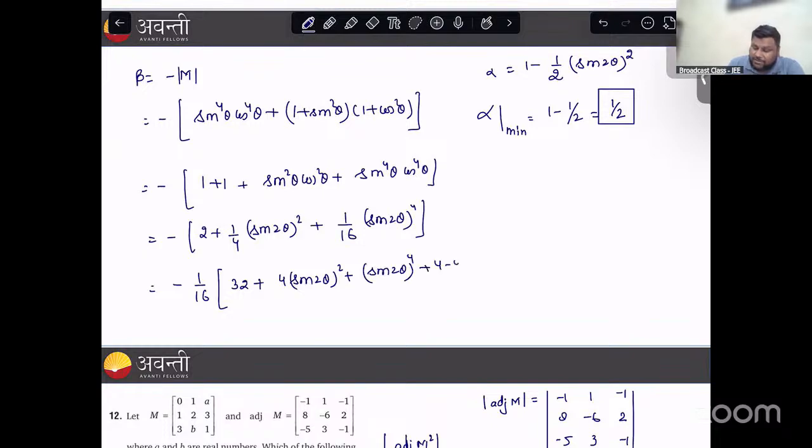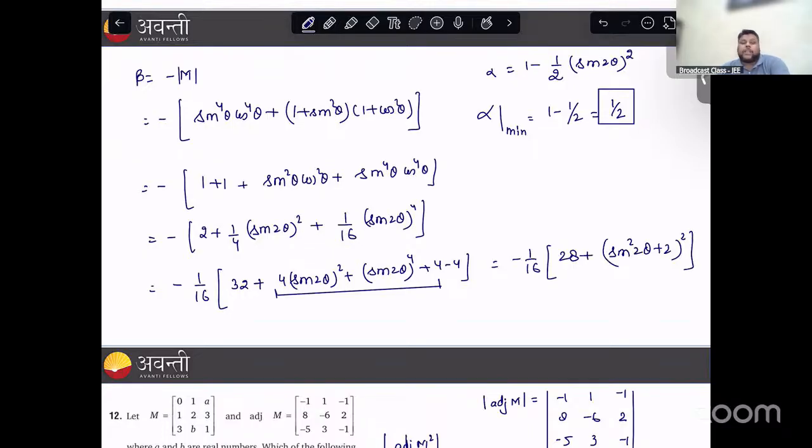Now add 4, subtract 4. Now these two up to this. So it is minus 1 by 16 times 28 plus sin square 2 theta plus 2 whole square. This is what I got.